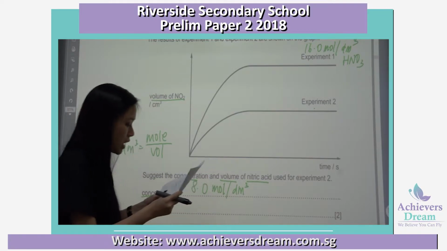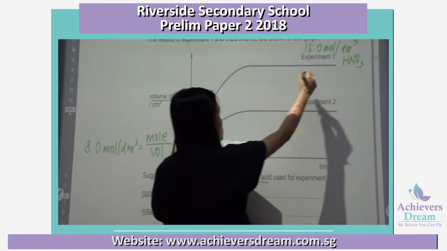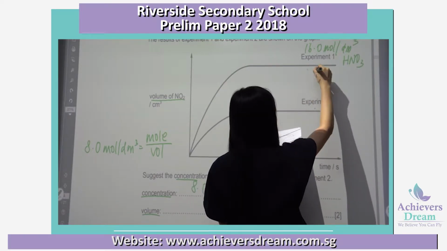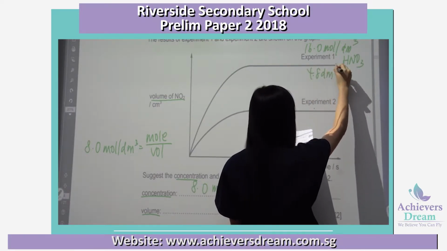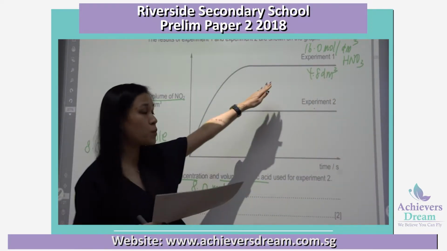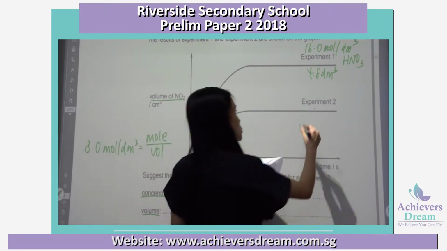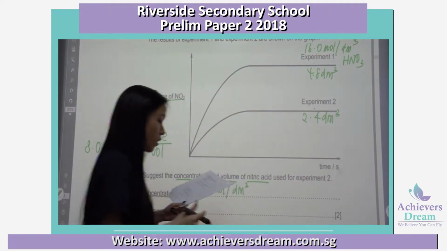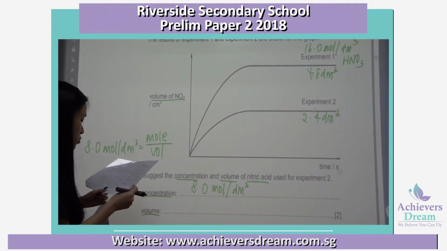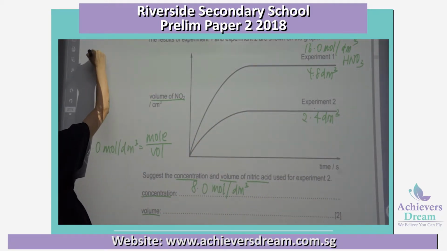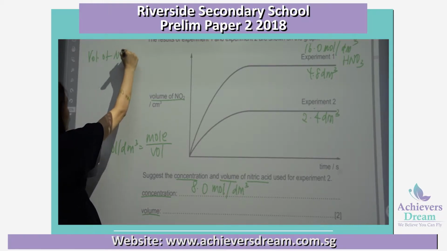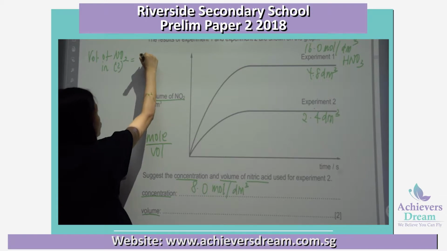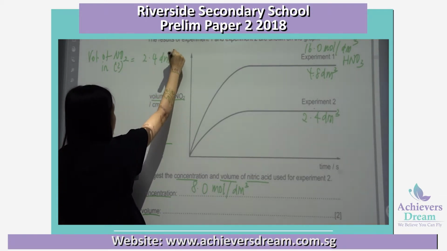For the first part, the volume of nitrogen dioxide formed is 4.8 dm cube, so for experiment 2 it's almost half, about 2.4 dm cube. So the volume of NO2 in experiment 2 is 2.4 dm cube.